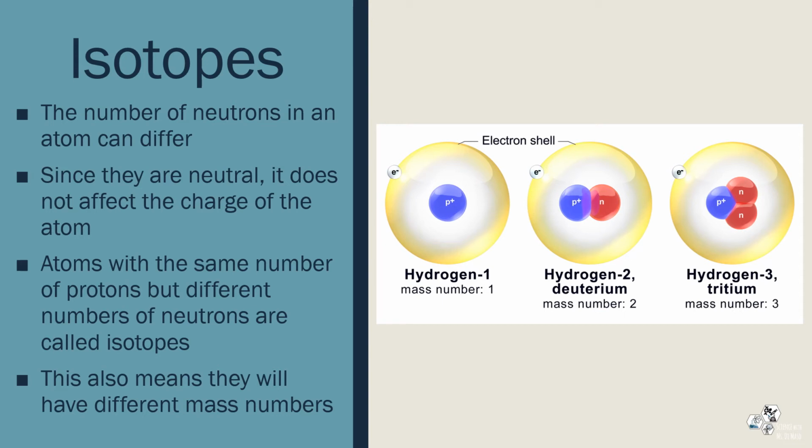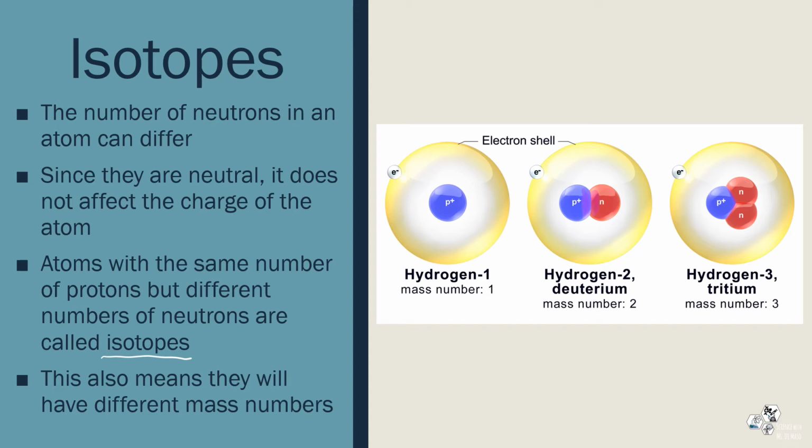I can have an element of carbon with a certain number of neutrons, but then I can go dig somewhere else and find an element of carbon with a completely different number of neutrons. These are called isotopes. They're atoms with the same number of protons, but different numbers of neutrons. So this means they'll all have different mass numbers.